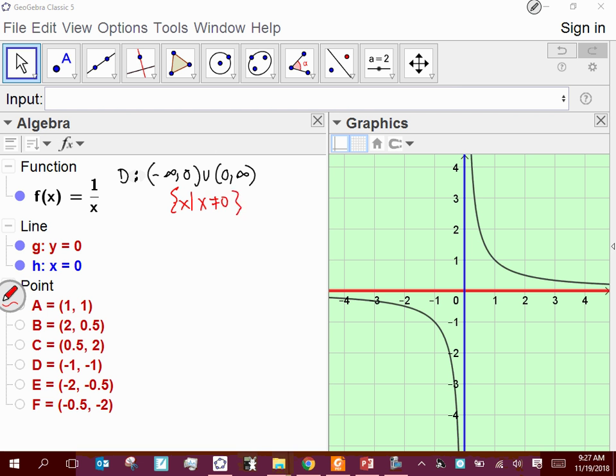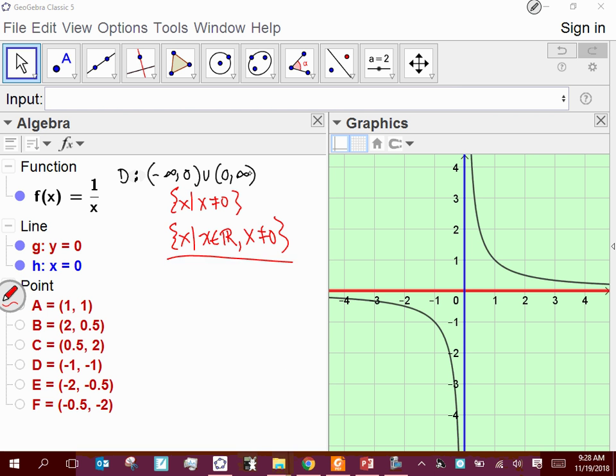I like to write it this way: x such that x is an element of the real numbers, but x cannot be 0. When I write just x cannot be 0, with no other components, I'm telling you x is allowed to be anything I didn't write down. This is just giving my restriction, so x is allowed to be everything else. I think this is more informative, but either one of those is fine.